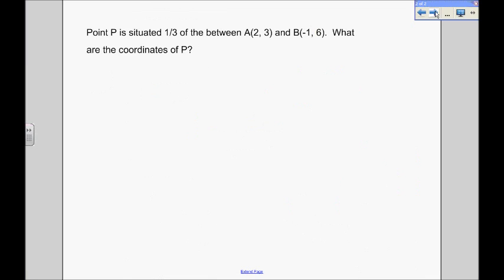Second example. Point P is situated 1/3 of the way between A, 2, 3 and point B, negative 1, 6. What are the coordinates of P? So again, it's exactly the same thing.